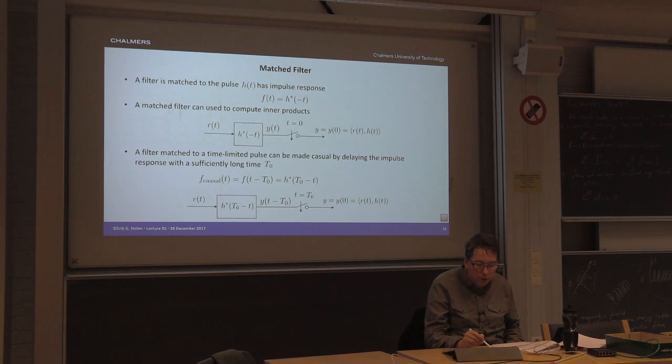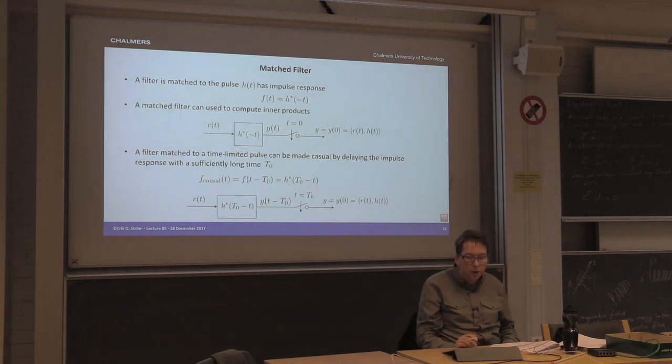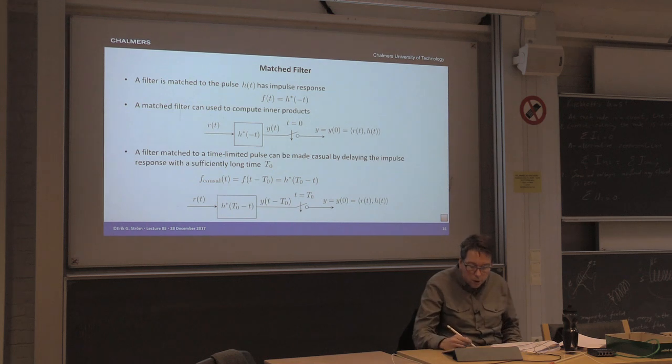Okay, so what we have shown here now is the following relationship: the input r to a filter which is matched to h, sampled at time 0, gives us the inner product of the input r and h. A filter like this could be non-causal.